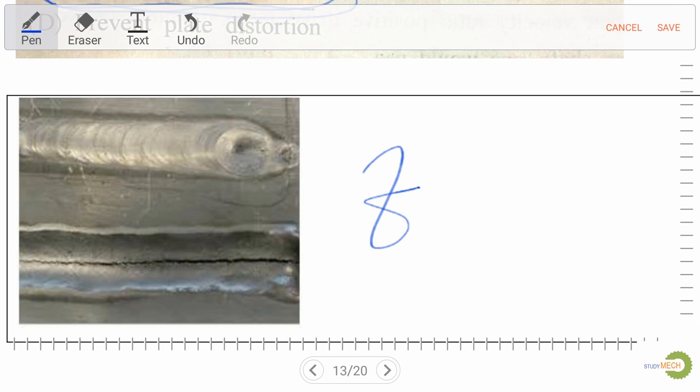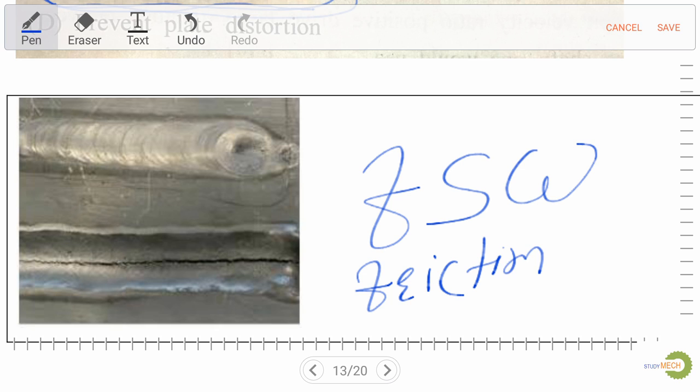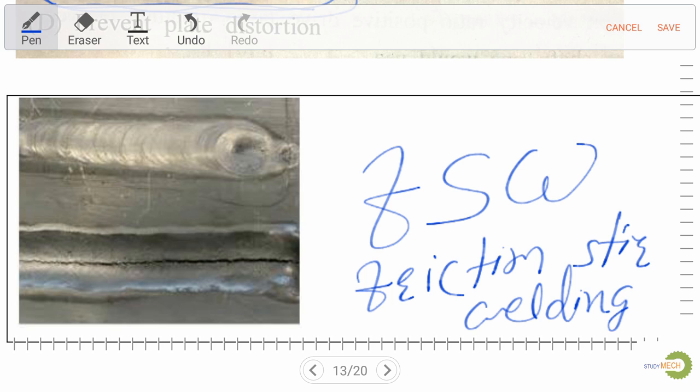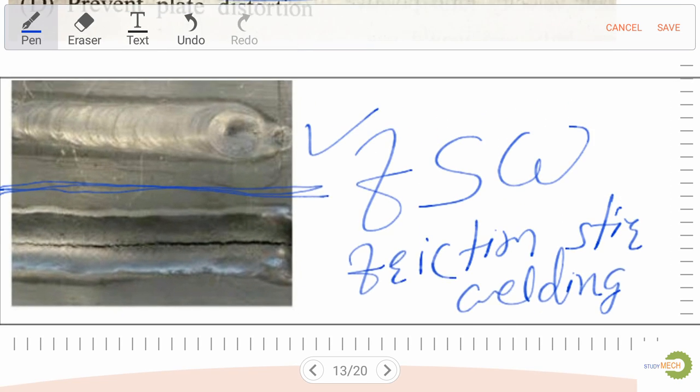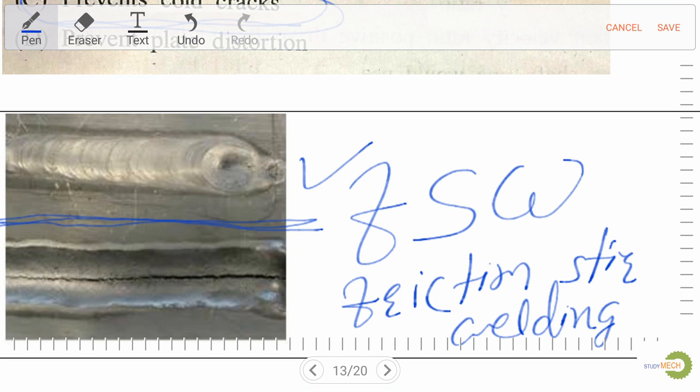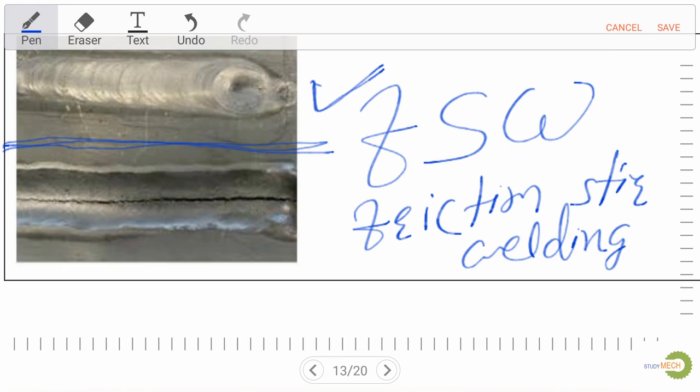Well, this is the example of FSW. FSW stands for friction stir welding. Let me write over here, friction stir welding. In this type of welding process, it is not required to use a welding rod, because welding is done due to the heat developed by friction. And in this case we have two types of welding. In the upper case, before starting the welding we have done the preheating, and in the lower portion it is without preheating.